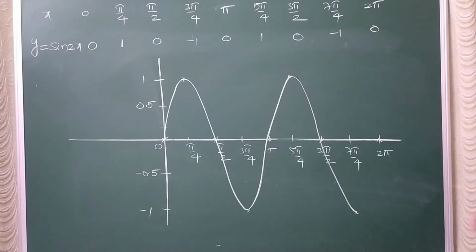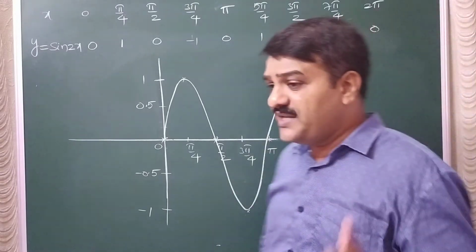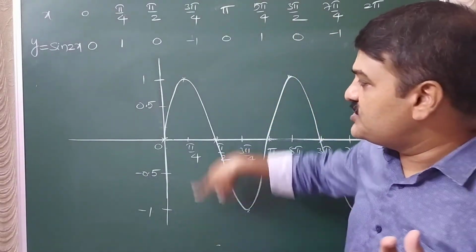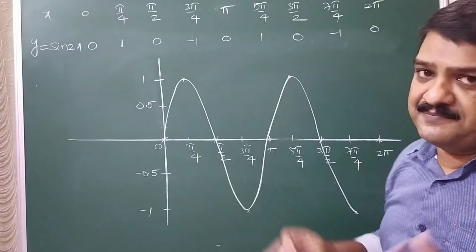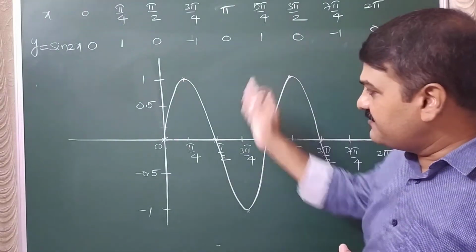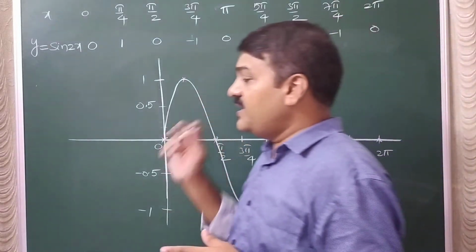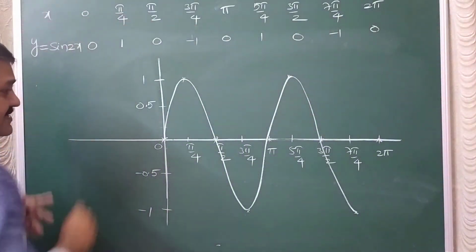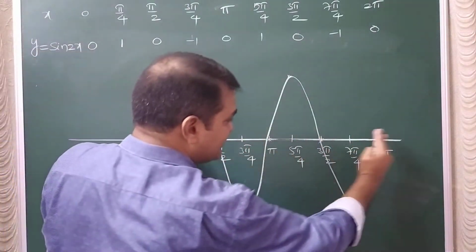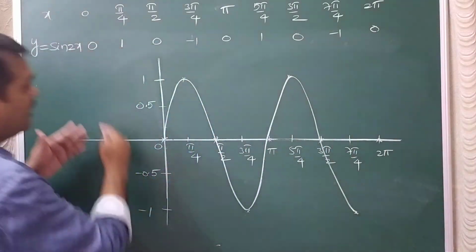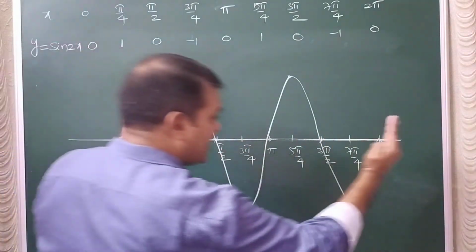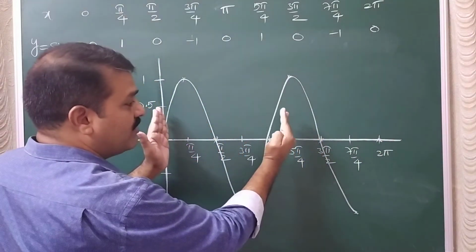That means what we have to understand is for any sine function, the shape of the graph will be same. Okay, when you are taking sin x, the graph widens like this. When you are taking 2x, the graph becomes a bit compact.